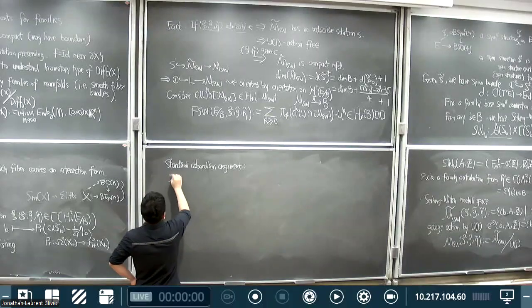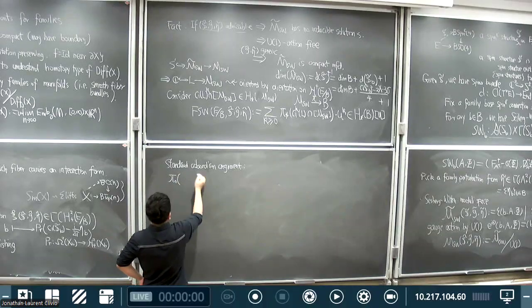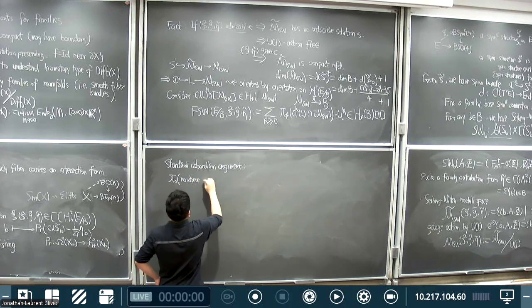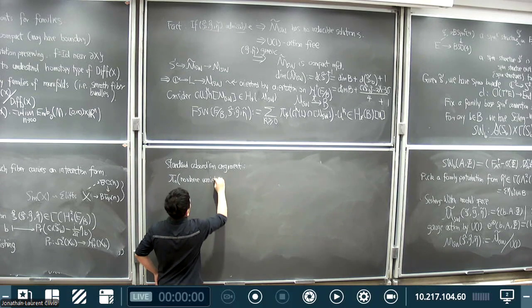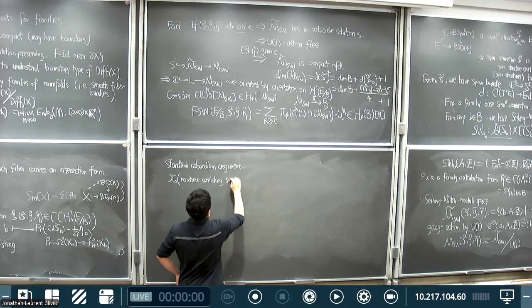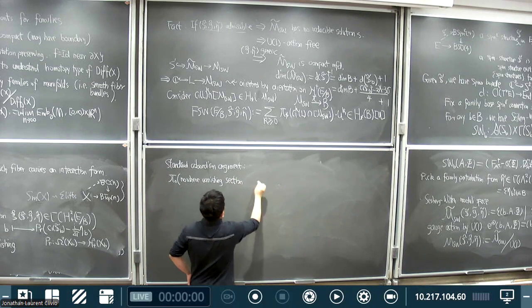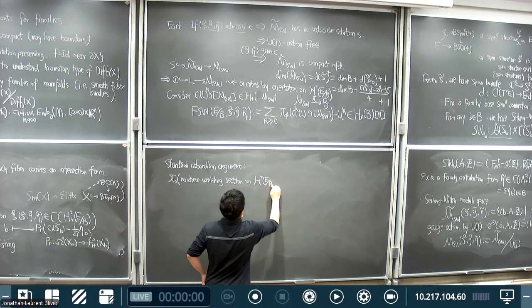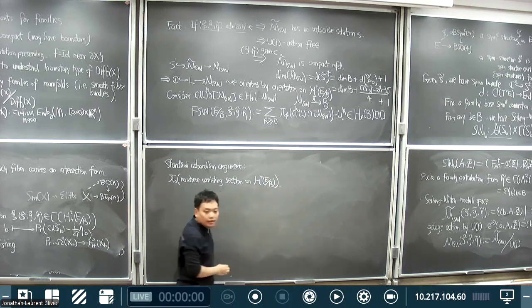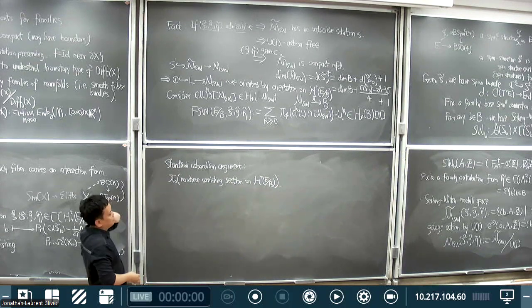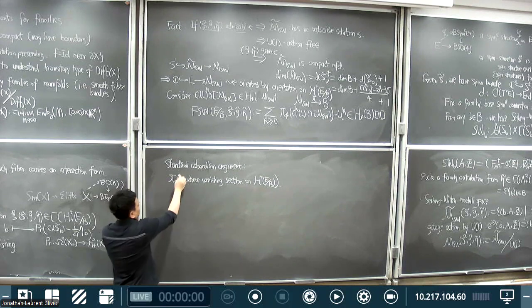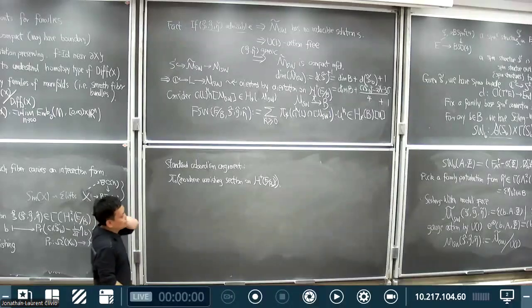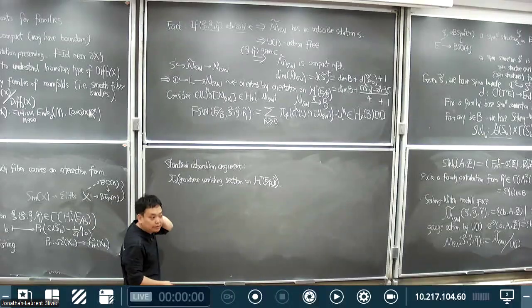Let's consider the space of nowhere vanishing sections of this H class bundle and take pi 0.